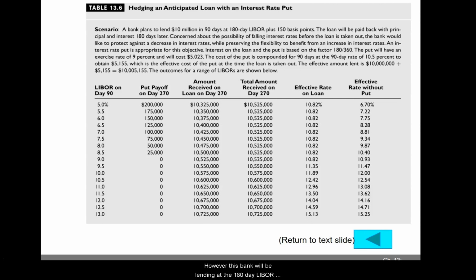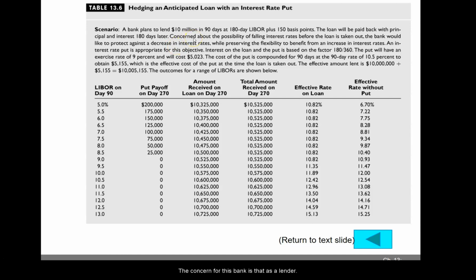However, this bank will be lending at the 180-day LIBOR plus a spread of 150 basis points, that is 1.5%. Now, after the end of the 180-day loan period, the principal and interest will be paid.